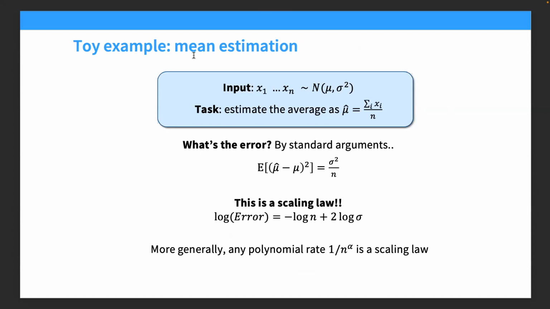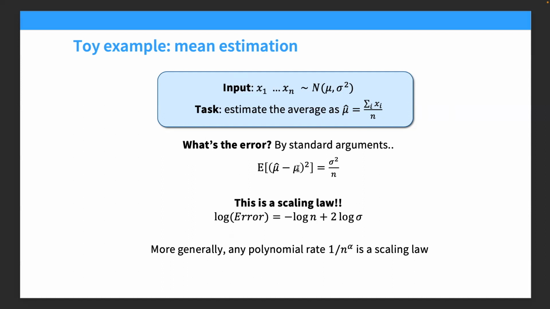We can take a very simple example: say we just want to do mean estimation. Say we have x from a normal distribution, and then we take the average as a simple mean. What is the error of this estimation?